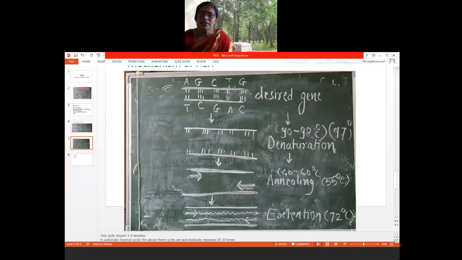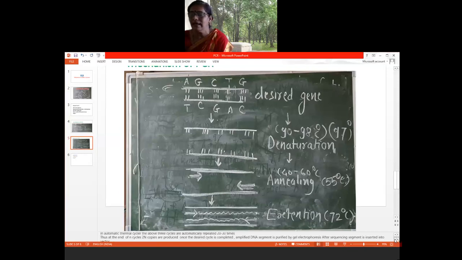One cycle requires 3 to 4 minutes. In an automatic thermal cycler, the above 3 steps are automatically repeated 20 to 30 times. And thus at the end of n cycles, 2 to the power n copies are produced.